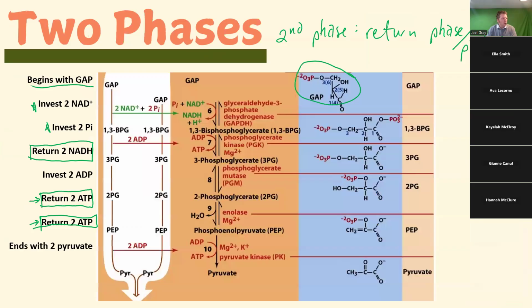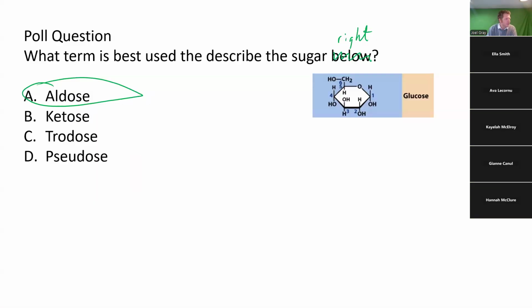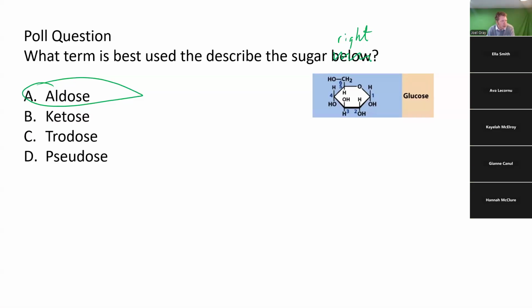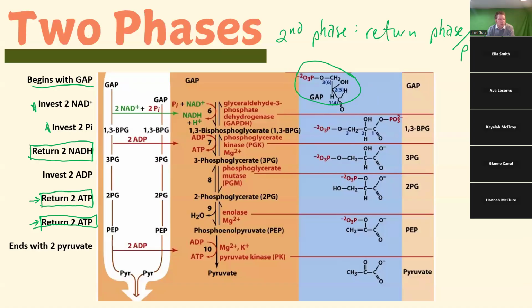Now, if we take a quick glance at these steps, give me a one in the chat if you saw any investment of O2, and give me a two in the chat if you don't see any. Yeah, there's no investment of O2 there.